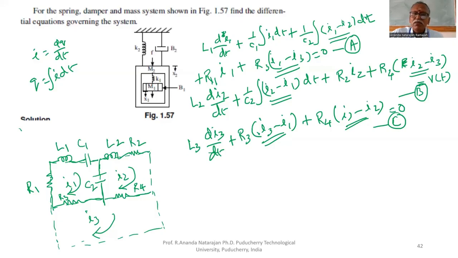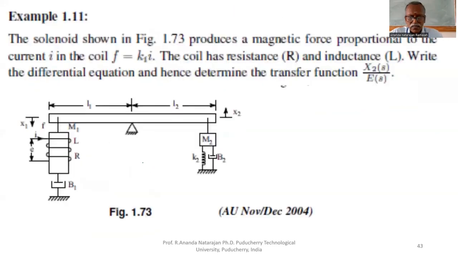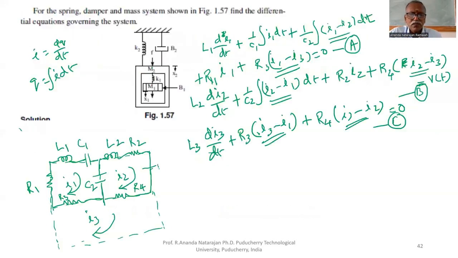How many? 1, 2, 3, 4 elements. Yes, 4 elements are there. We can finish. But one thing is pending, that is V of t. That is in this loop only. So V of t is applied here.